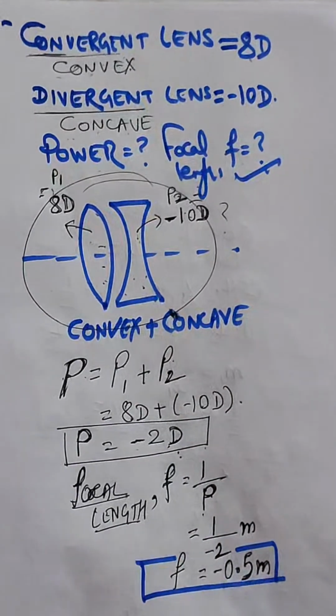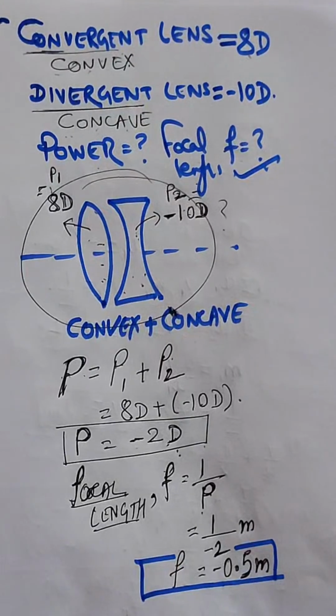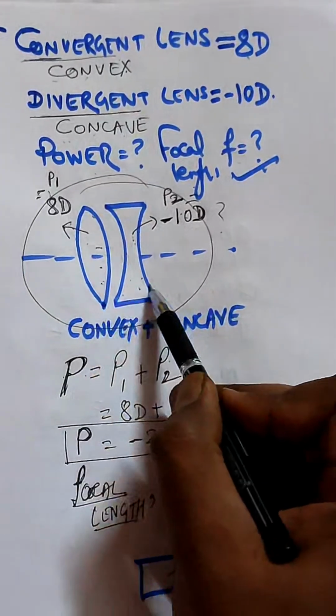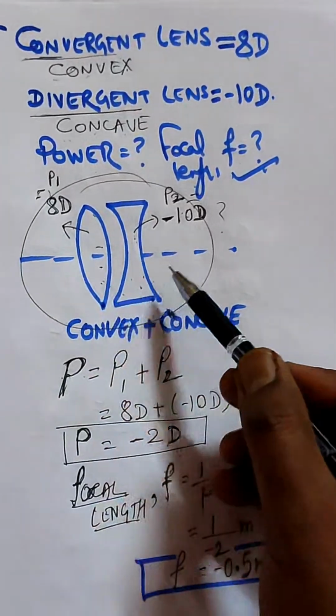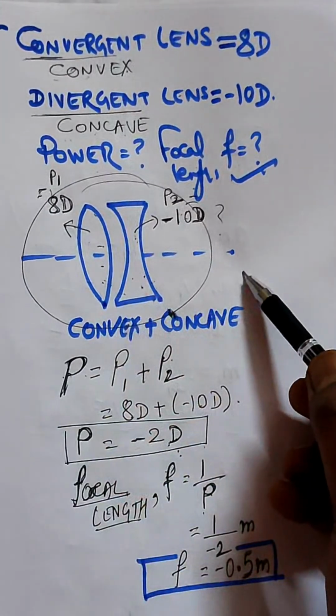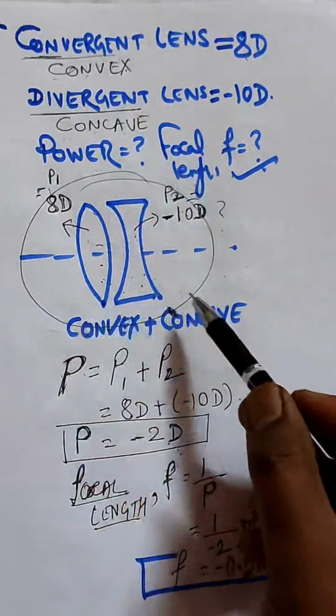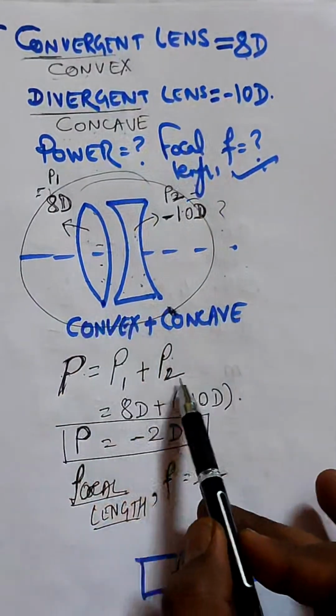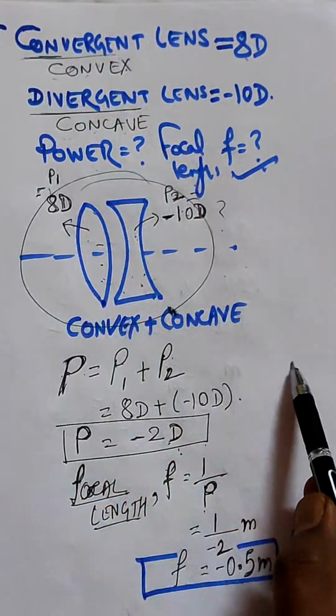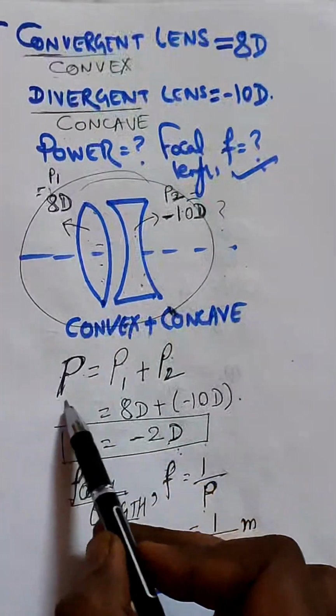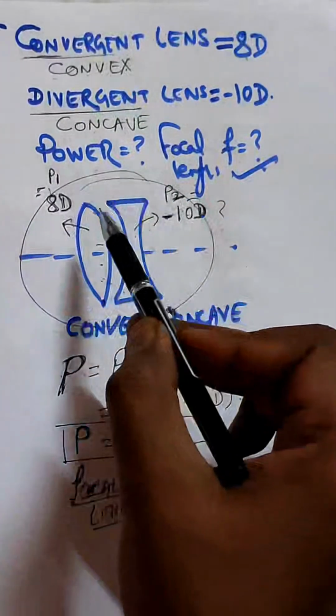For any such questions, students, take care that whatever the lens is, whether concave or convex, there can be n number of lenses. To calculate the total power of this combination, just add up the values of those individual lenses' power to get the final total power of the entire combination.